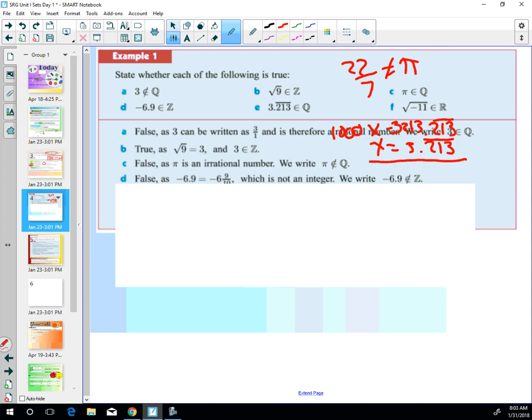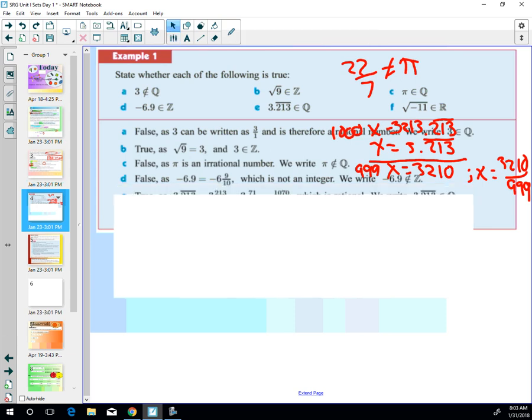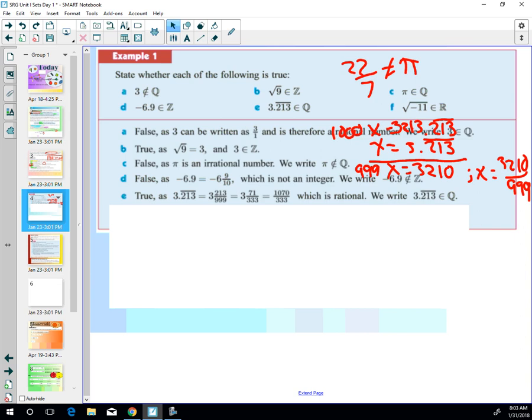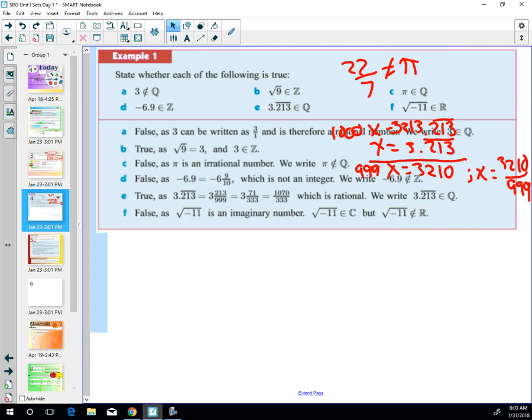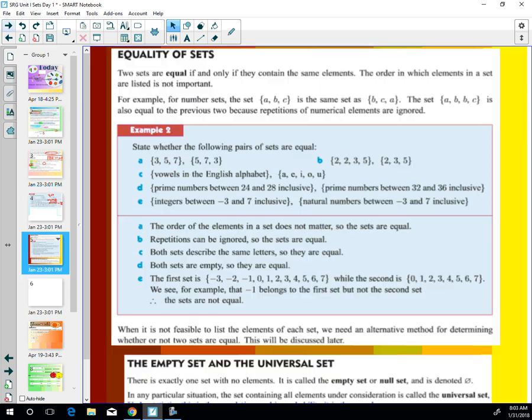So when you subtract, you get 999x equal to 3210, and so x is 3210 over 999, and therefore that's true. And then the square root of negative 11 is not real. It's an imaginary value. You go ahead and answer these.